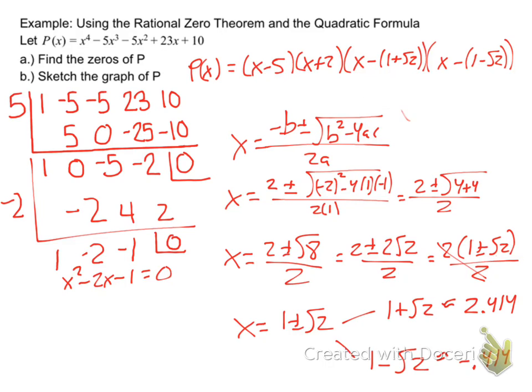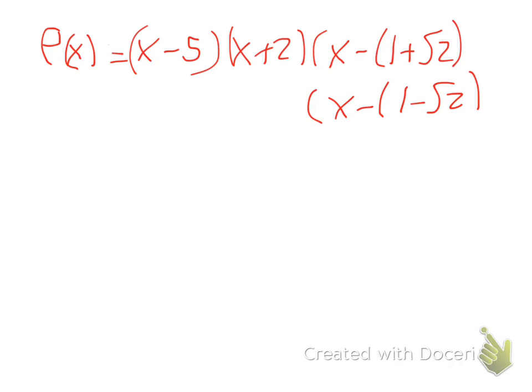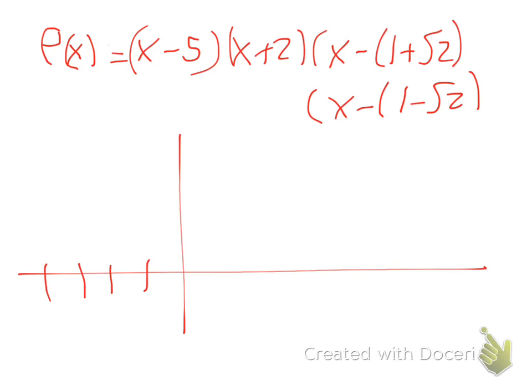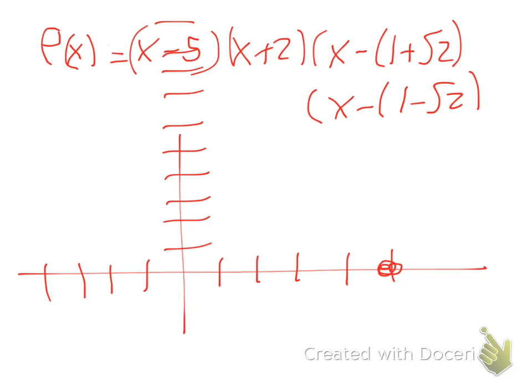That's the cool part. Okay, the second part said graph this, or sketch a graph. So the reason I did this: we know one of the zeros is at 5. We know the other one's at negative 2.